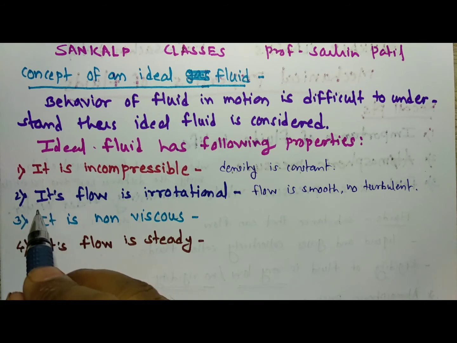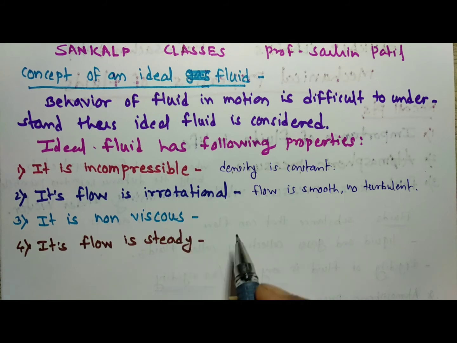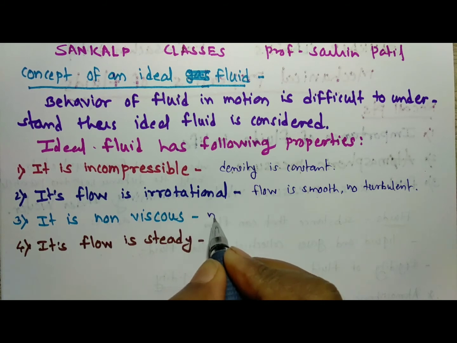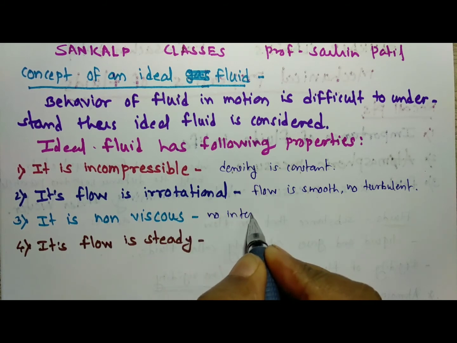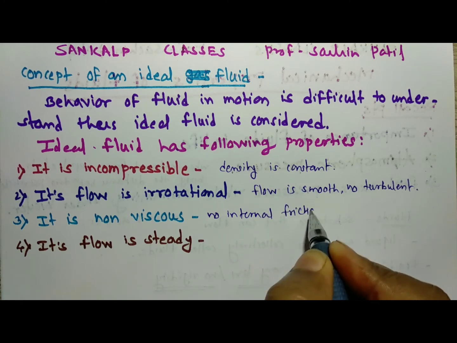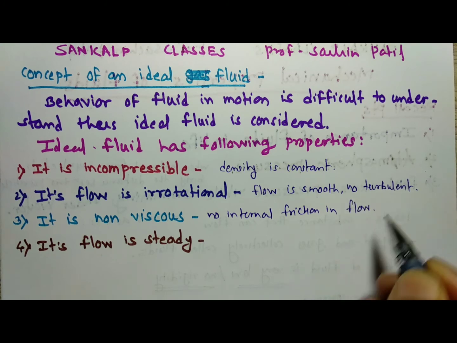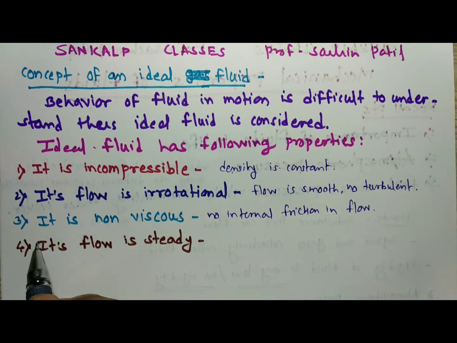The second property is that its flow is irrotational. Then it is non-viscous. That means there is no internal friction in the flow. What does it mean? The viscosity of the fluid is very low or zero.